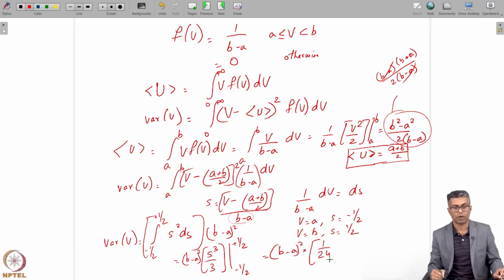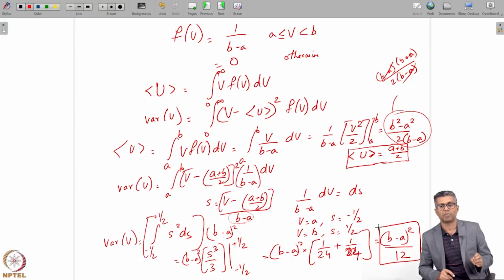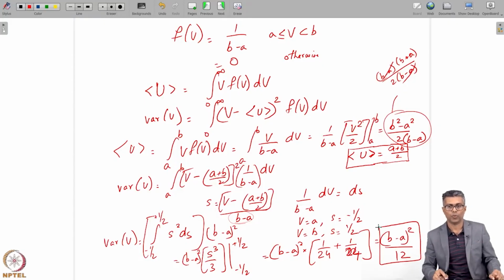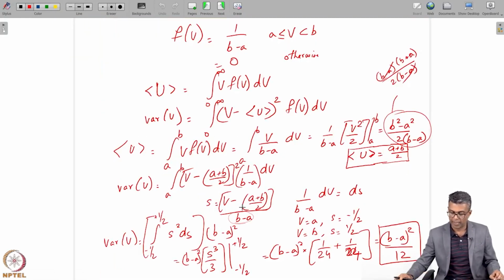S cubed over 3, (1/2) cubed divided by 3, 1 over 24, and then I'll have plus 1 over 24, not 12, 1 over 24. So that would be (b − a) squared divided by 12. That is my variance of u. Isn't that what I had to prove? That 1/12 (b − a) squared, and that's what I got.